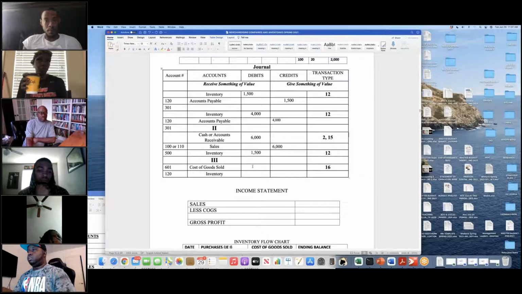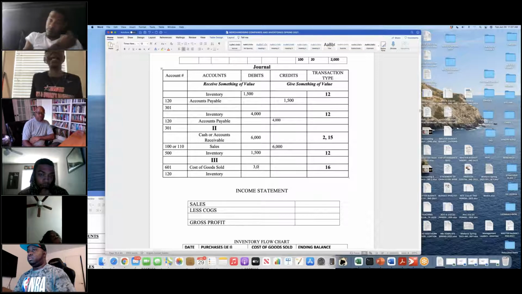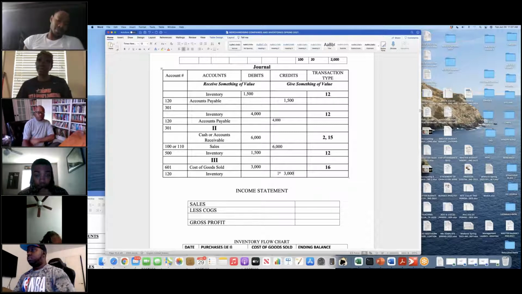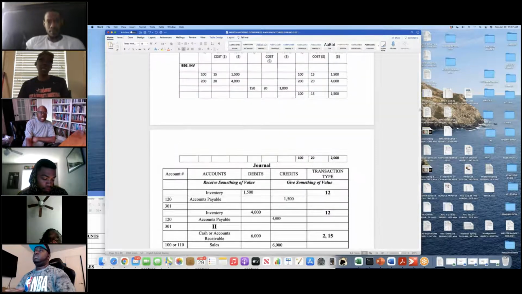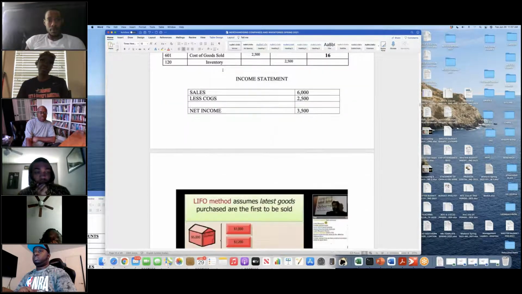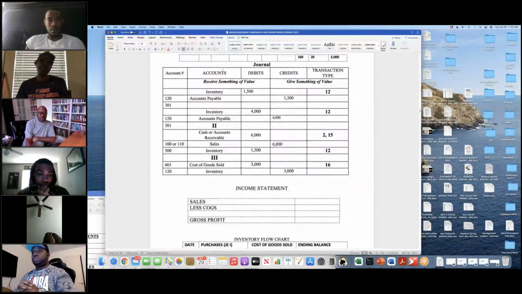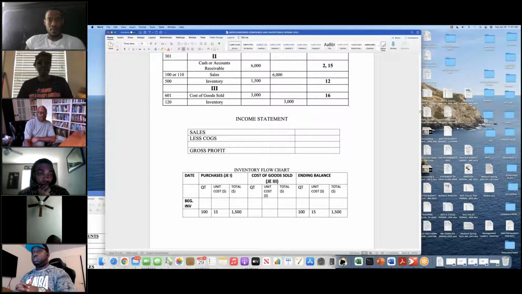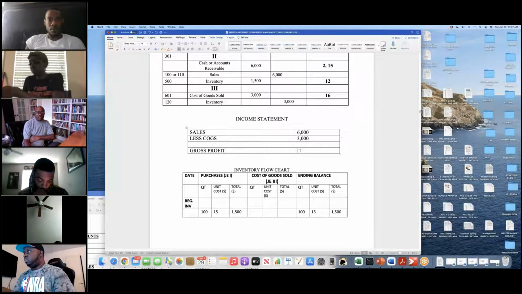And so now when we do our sales and our gross profit, it's going to be sales of $6,000. Cost of goods sold is going to be $3,000. And the gross profit is going to be $3,000.